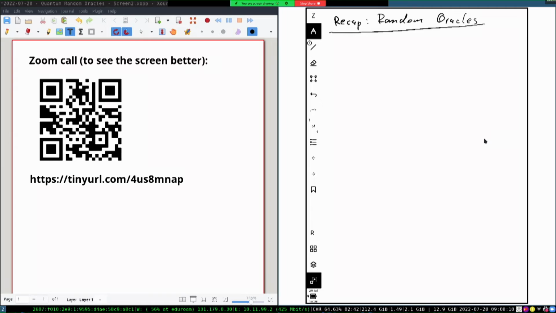So what is a random oracle? It is an idealization of a hash function. So that's the basic idea. And why do we do that? Why do we idealize a hash function? We have the problem that there are a lot of protocols that use hash functions that seem secure, but we can't prove them.